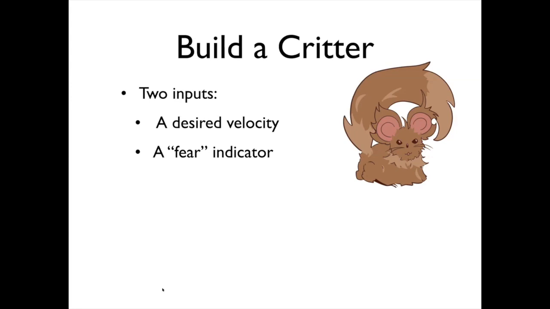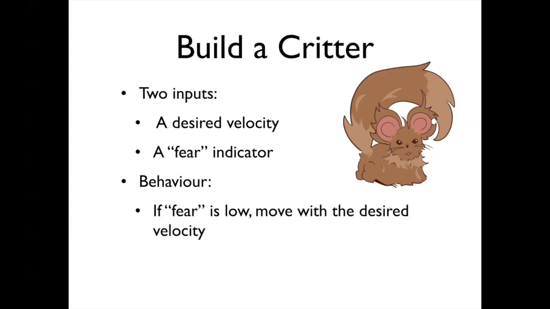Our output is just what direction we're going to go, and the behavior we want this brain to implement is, if the fear indicator is low, then go in the direction that the food is in. Maybe it's dark and there are no predators around, so it's safe to go and find that food.